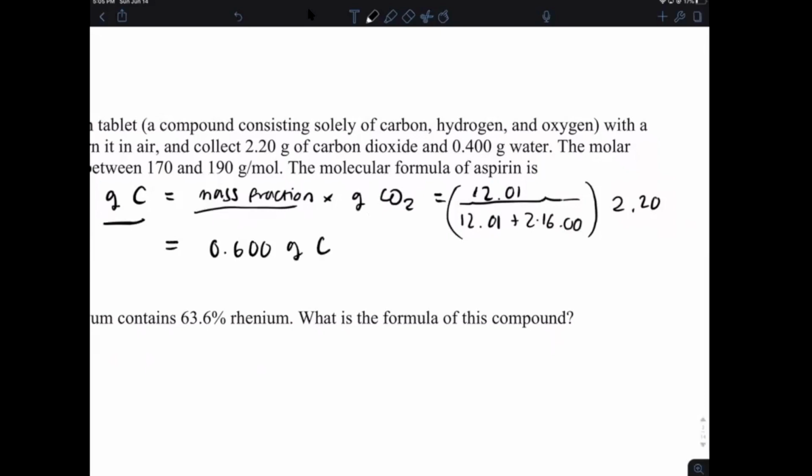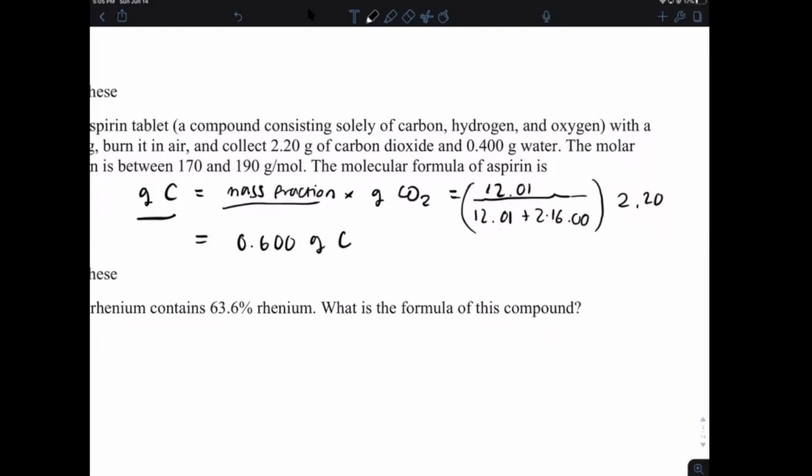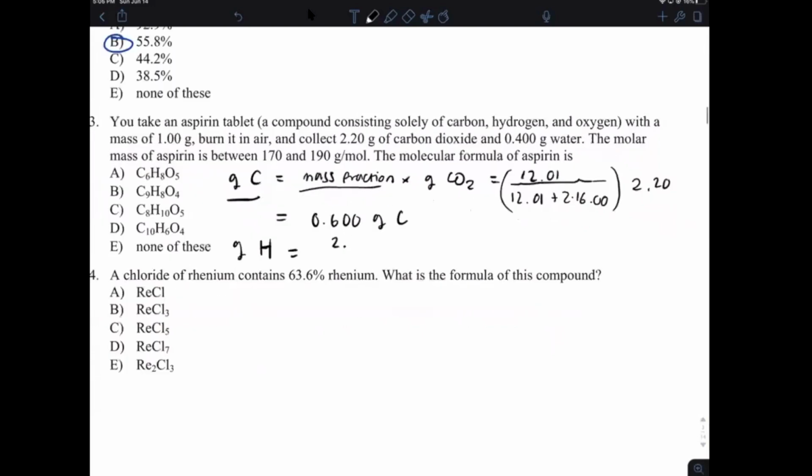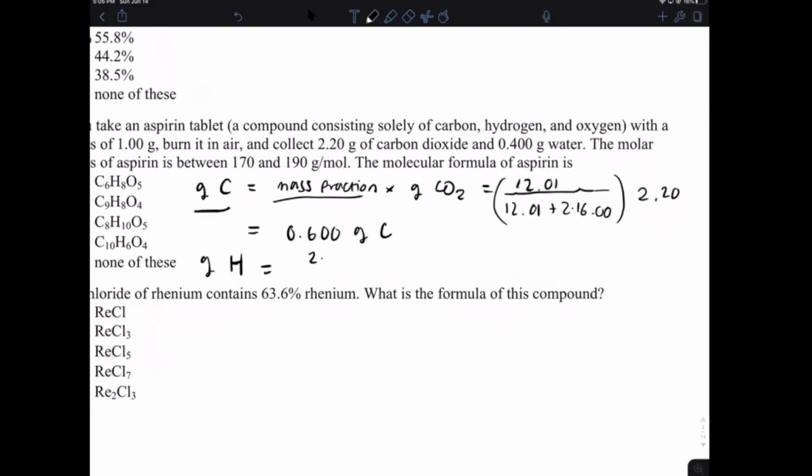grams carbon. And then we can find how much hydrogen we have from the water. So we do the exact same thing, except we do mass fraction of hydrogen in water. And how do we do that? We take however much hydrogen there was, so it would be 2 times 1.008 divided by the total, which is 2 times 1.008 plus 16.